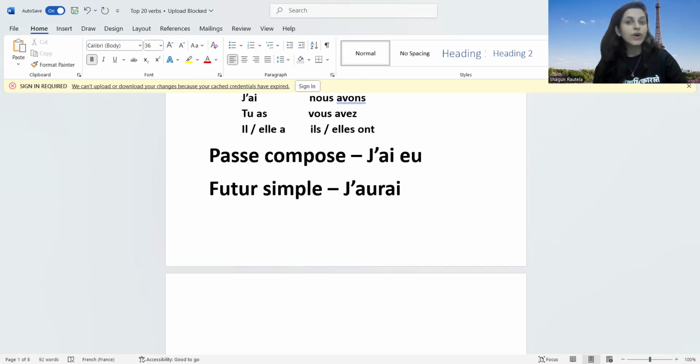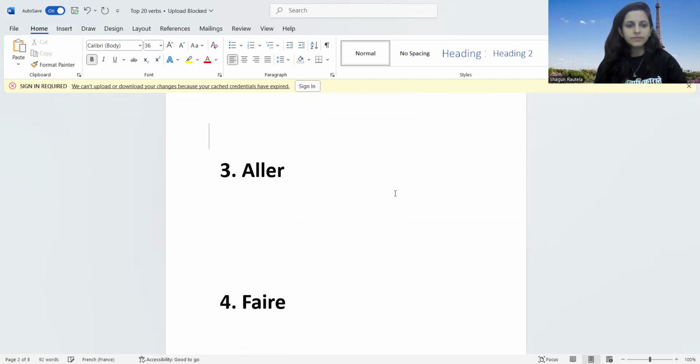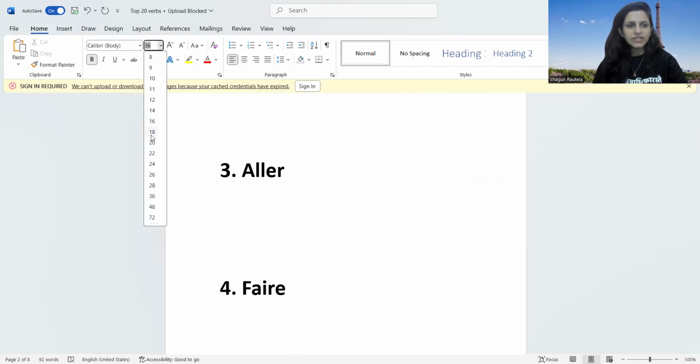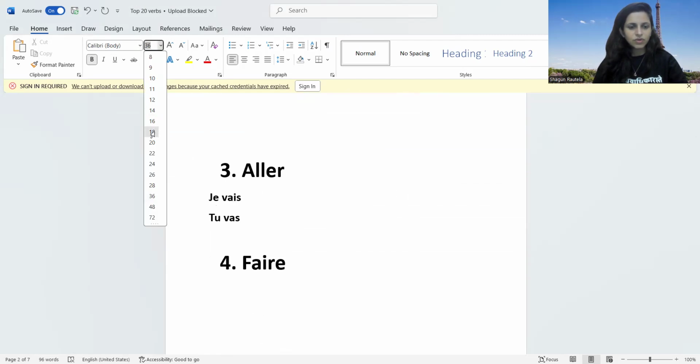Now, moving on to our next verb. The next verb in the list is verb aller. How will you conjugate verb aller in present tense? Do it yourself. Je vais, tu vas, il, elle va.